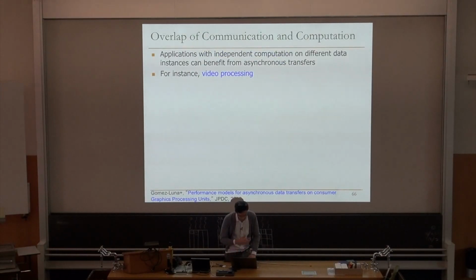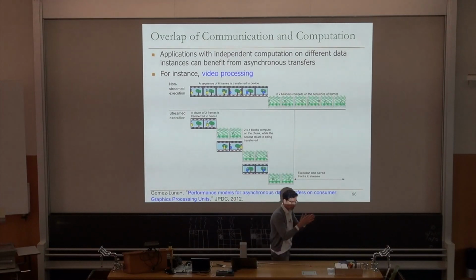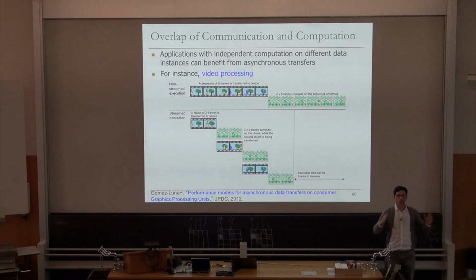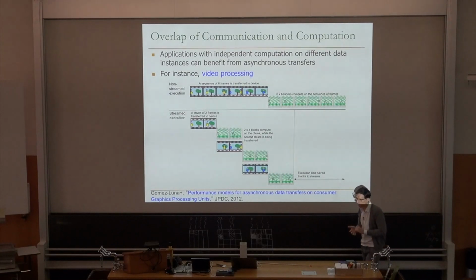I mentioned matrix operations, but this can be, for example, very useful for video processing. In video processing, we have a sequence of frames, and we are probably going to operate on each frame individually, or maybe on a window of some number, 32 consecutive frames or something like that.